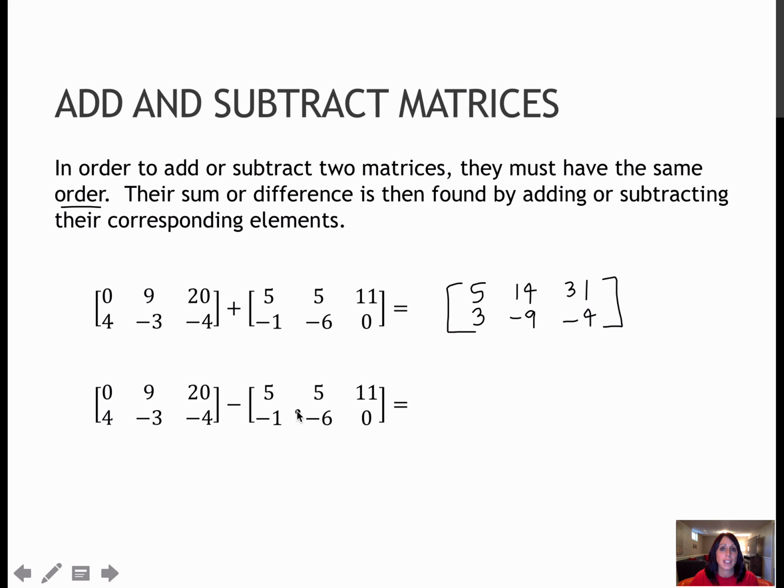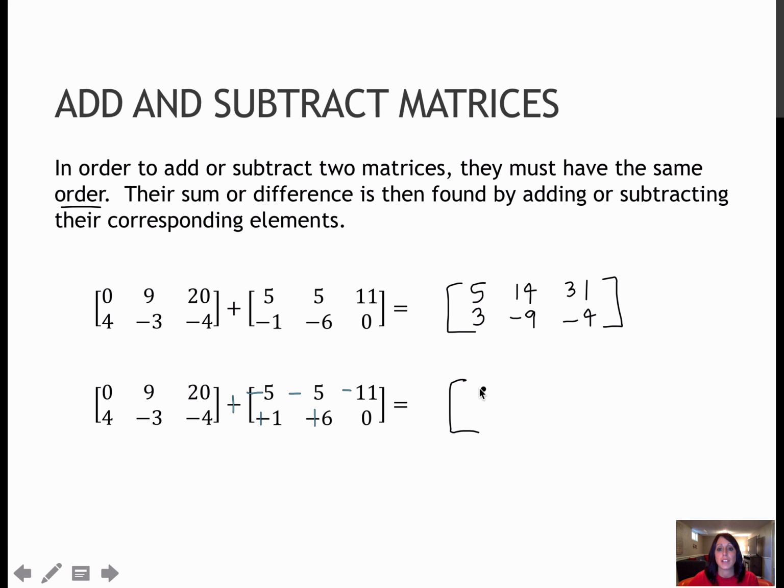Now when you're subtracting, the only thing that you have to watch out for is of course to keep, flip, change. So I'm going to keep this, I'm going to turn this into plus, and I'm going to change every single sign in the second matrix, and then I'm going to add just as I did in my first example by adding corresponding elements.